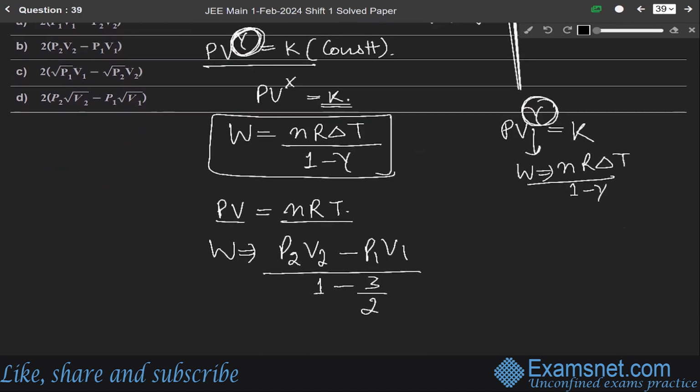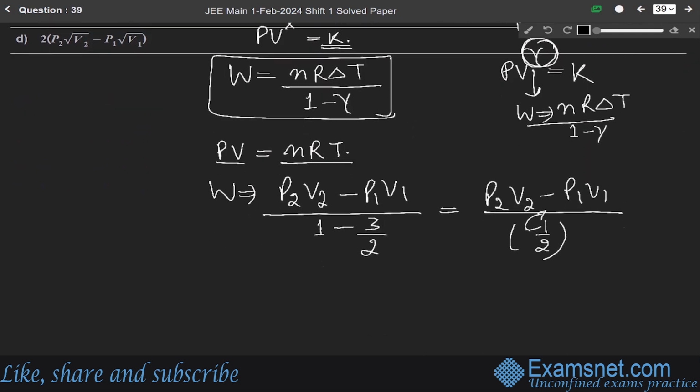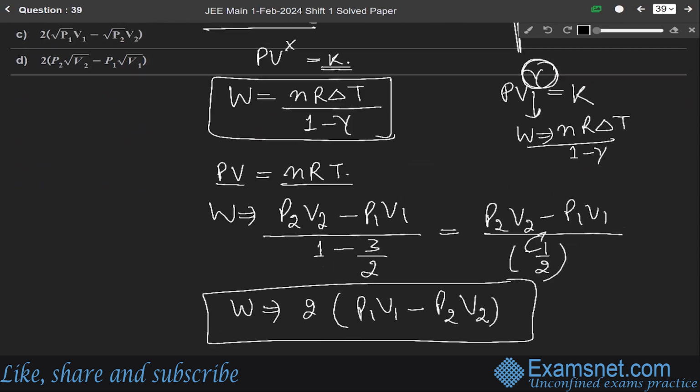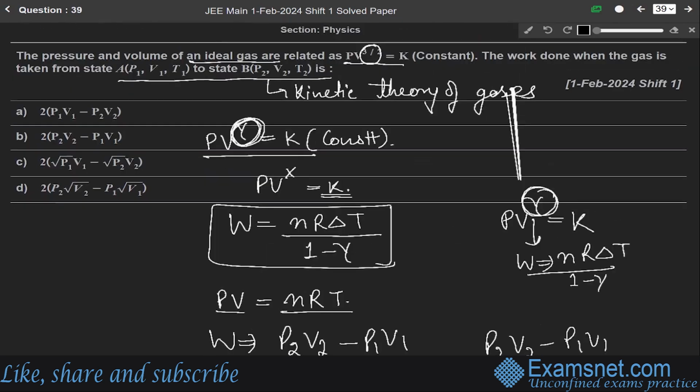So it will be equals to P2V2 minus P1V1 over minus 1 by 2. According to this minus sign, we can write W is equals to 2 into P1V1 minus P2V2. So our correct answer is option A, that is 2 into P1V1 minus P2V2.